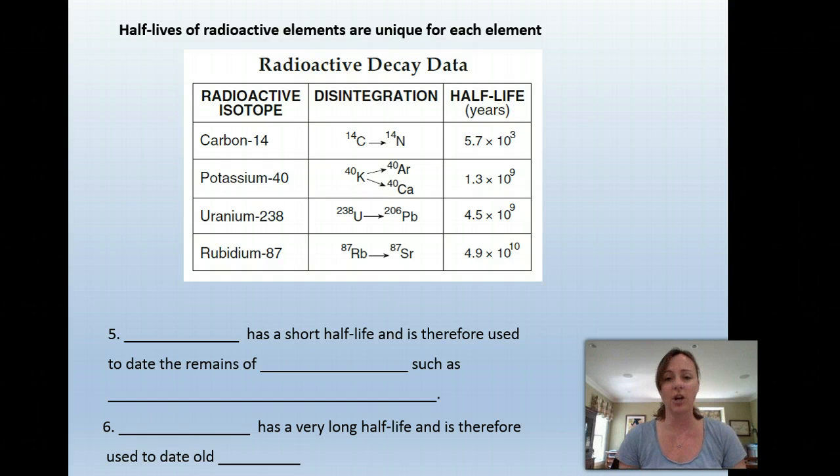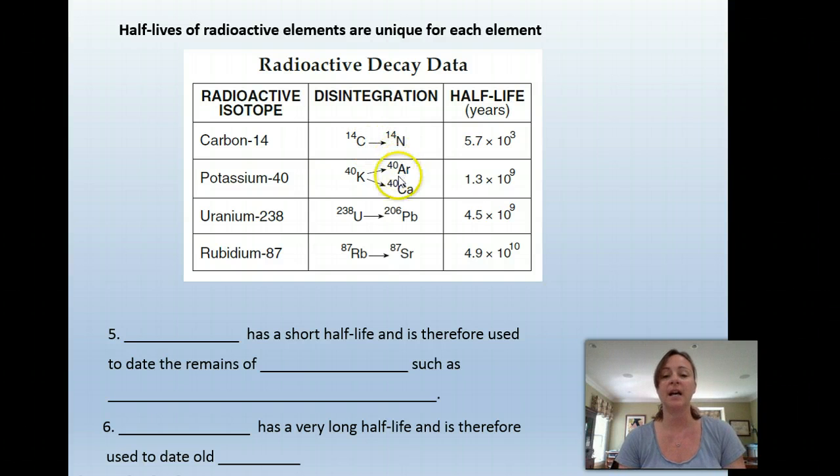Now let's look at this chart on page 1 of the reference table. It's the half-lives or the radioactive decay data. And what you see is a list of the radioactive isotopes. These are the parent isotopes. And you see what they can change into. This chart in the middle shows us what it begins as and what it changes into.